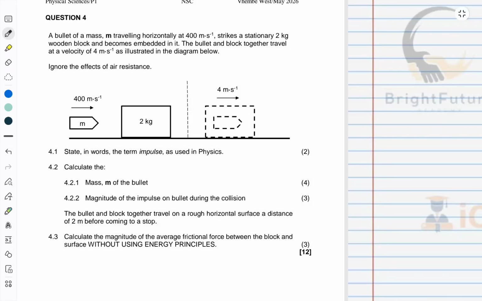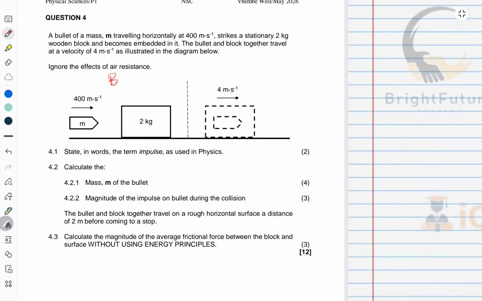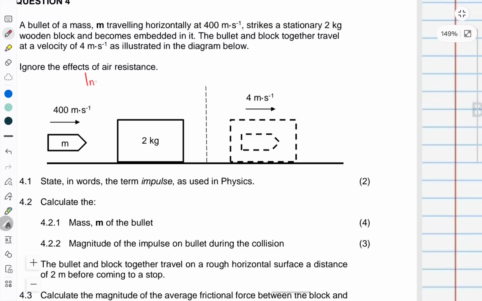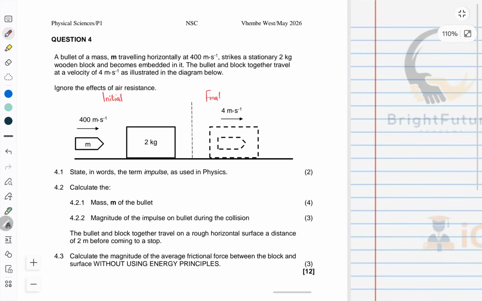You can even label it if you want. In fact, let's use the terms that we used to. This is initially, the initial state. This is the final state. And then, as illustrated below, ignore the effects of resistance. So this is an isolated system. Okay, well, sort of.